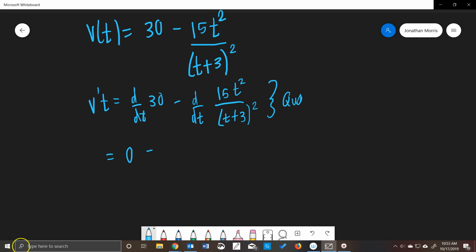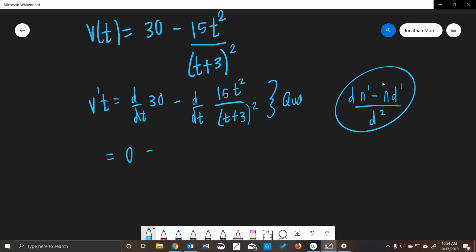The quotient rule says to write down the denominator, multiply it by the derivative of the numerator, and then minus the original numerator times the derivative of the denominator, all over the denominator squared. So in doing that, the original denominator was (t plus 3) squared.